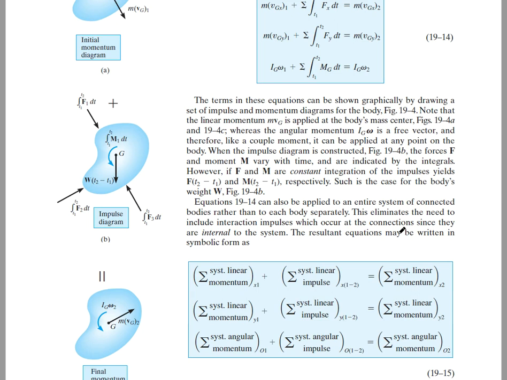We can look at the combined system, pulley rotating and rope translating, and we can have the sum of linear momenta in the x direction, linear impulses in the x direction, final sum of linear momenta, and the same for the y direction, and for the rotational: angular momentum, impulses of moments, angular impulse that is, and final angular momentum.